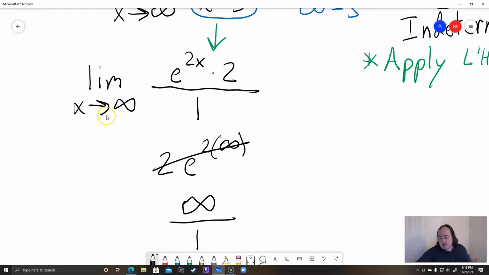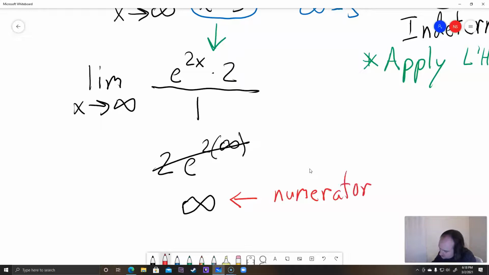But all it really means is that the numerator is growing faster than the denominator. Okay? So that's what this means. Infinity over 1 is the same as infinity, and that just means the numerator is growing faster than the denominator.